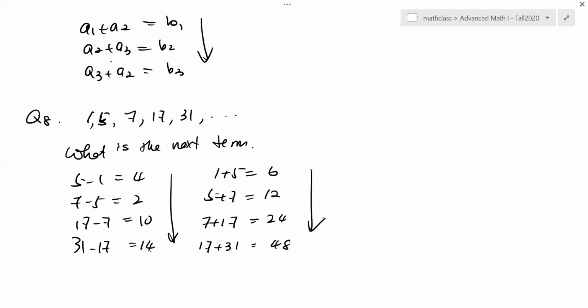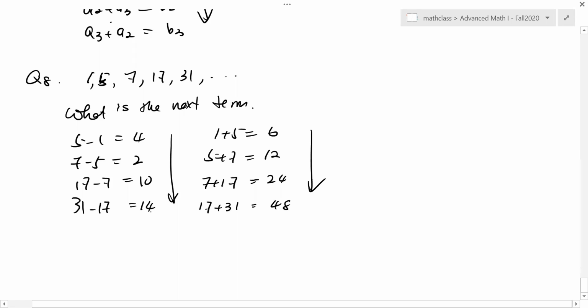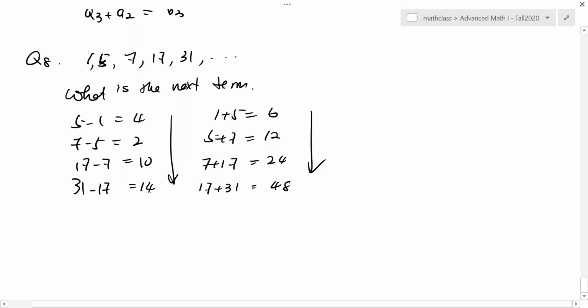So let's try this. You will get something like that. Then this is a pattern, right? The next term will be 1, 2, 3, 4.